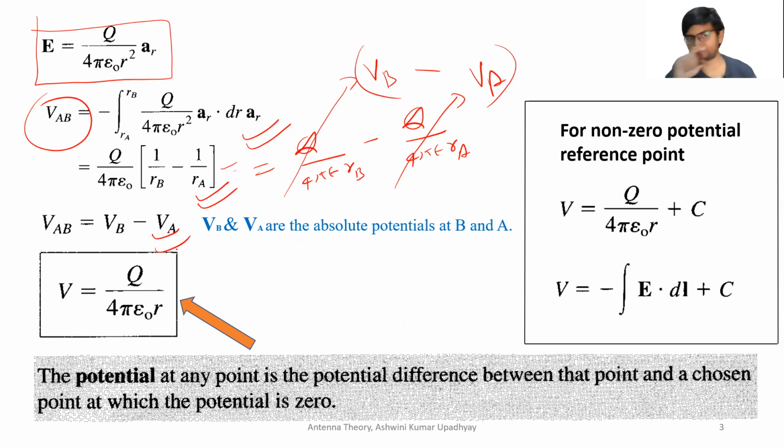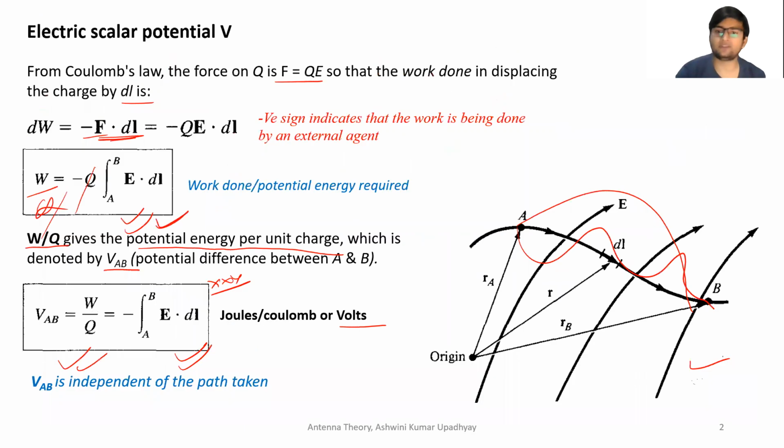Vb and Va are absolute potentials at points B and A, because the reference point that you have taken to measure these distances Rb and Ra is the origin, at which you have assumed that there is no effect of electric field, or the voltage at that reference point is zero.